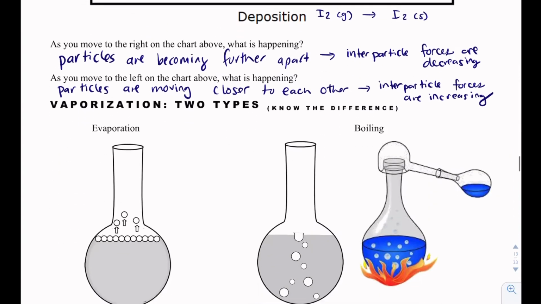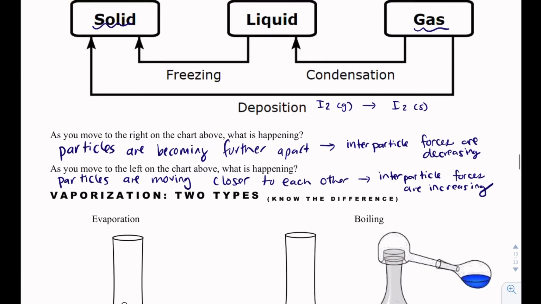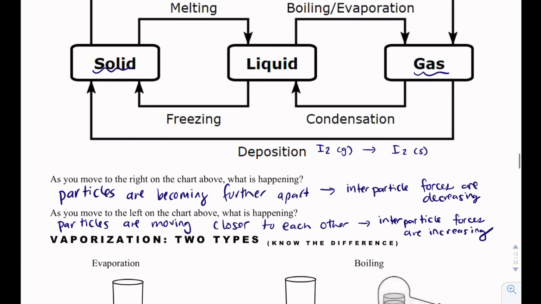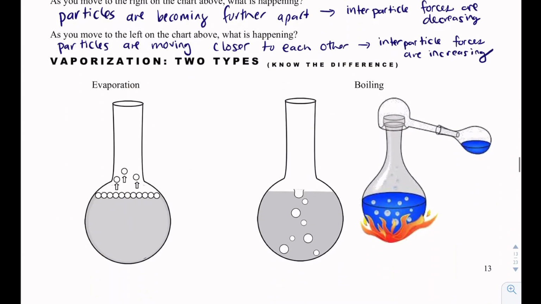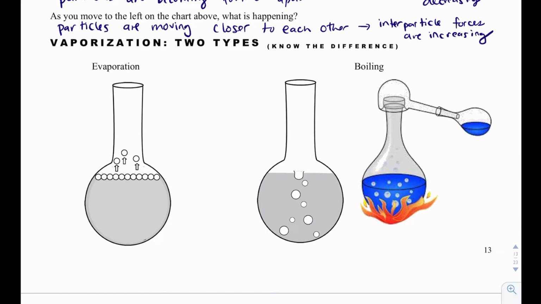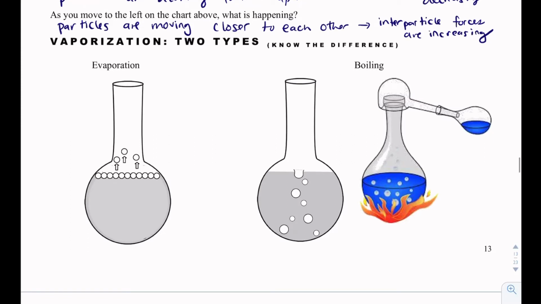Okay. Now, vaporization, which is specifically going to the gas phase, we have evaporation and then we have boiling. And so if we look at these two pictures, both of them get us into the gas phase. But when we have evaporation, we typically see this, let's say, if we have a cup of water, we let it sit out. And between one day to the next, we might notice that the water level has decreased.